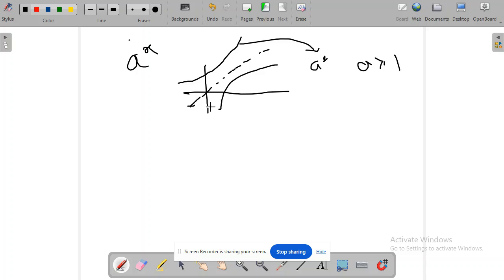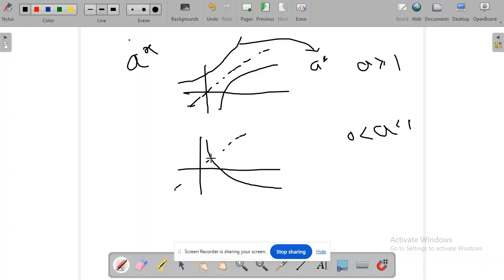Alright guys. Now suppose you have to draw the graph of a^x when a lies between 0 and 1. Again we'll be using the graph of log to draw it. The graph of log is like this for this region. So again you have to form the mirror.